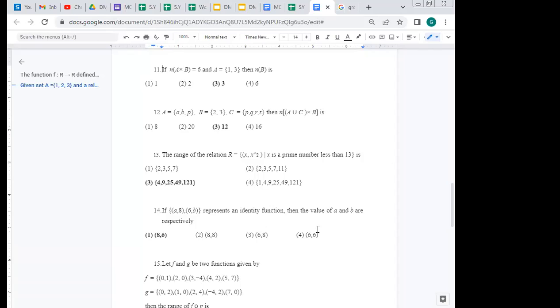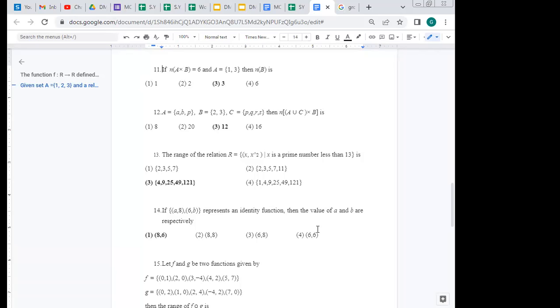Take the next question. The range of relation R equals {(x, x square)}, where x is a prime number less than 13. So what will the range of that set be? Range means what? Elements from the second set.